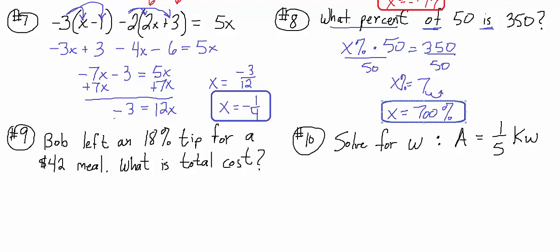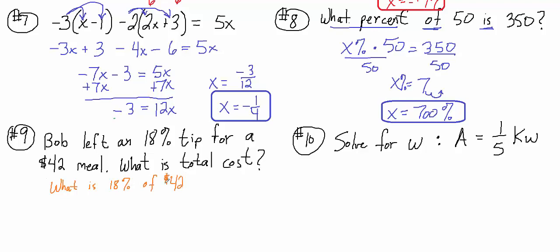Okay, so a percentage problem. In fact, question number 9 is also going to be a percentage problem. Bob left an 18% tip for a $42 meal. What is the total cost? So we're going to have to find the total cost. We need to figure out what is 18% of a $42 meal.